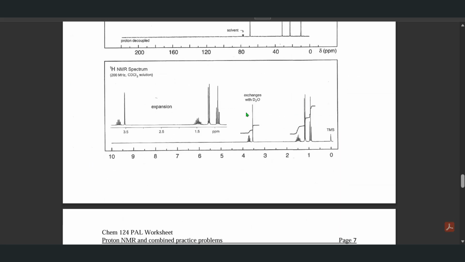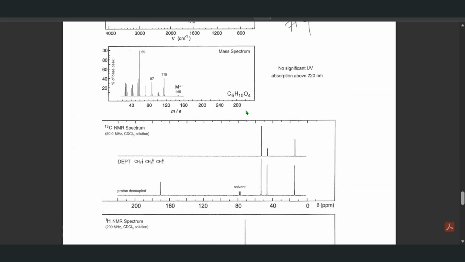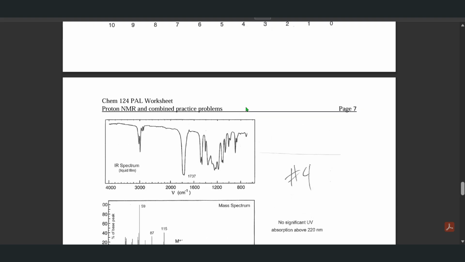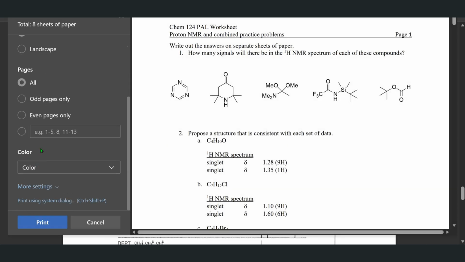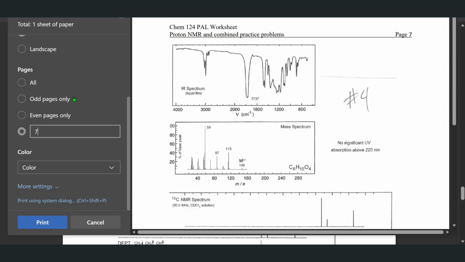Let me see if I can find one. This is good. I did a bunch of the other problems where he just gives us a list of the HNMR and stuff and the CNMR stuff, and I was getting those all right. So I feel like I'll be okay.